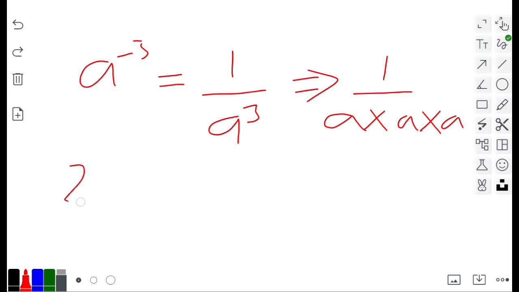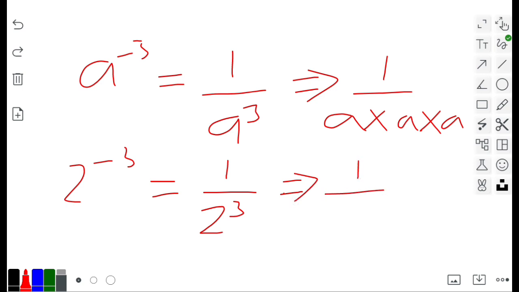If we have 2 raised to the power of minus 3, this means that we're going to be having 1 over 2 raised to power 3, and this implies that your 1 over 2 raised to the power of 3 is going to give you what? 1 over 8. That's it. You have your final answer. Or you can re-express your final answer as 8 raised to the power of minus 1, as the case may be.